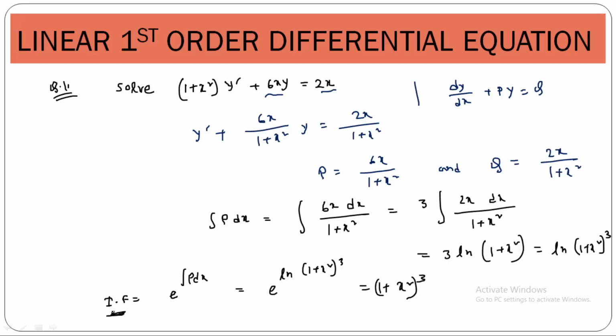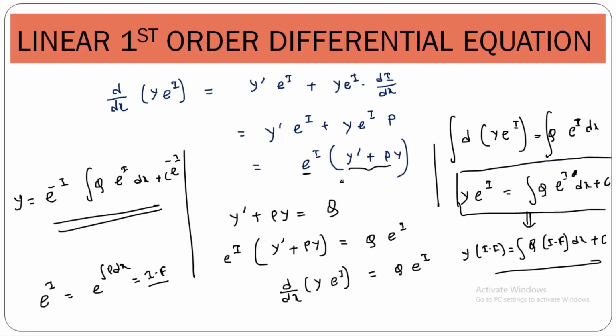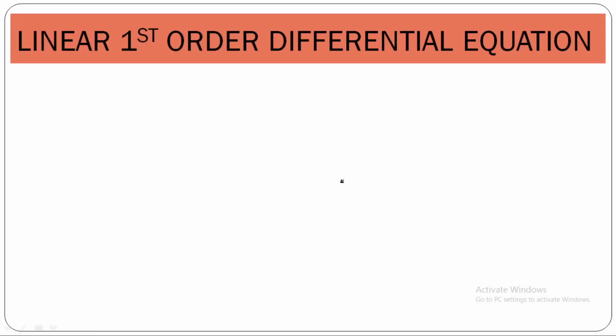Now when you get the IF, then you can solve easily by using the formula that y into IF is equal to integration q into IF dx plus c. So y into what is our IF?